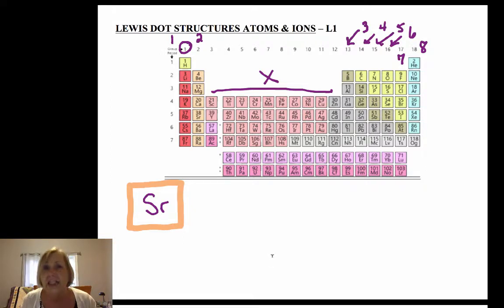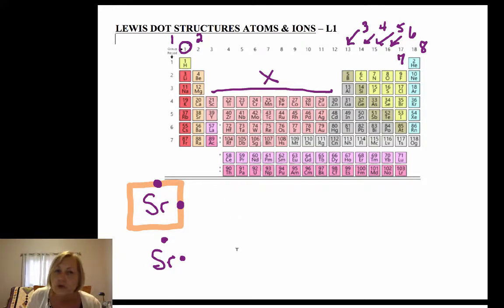It has 38 electrons, but only 2 of them are going to be involved in bonding. I personally don't care whether you start left, top, right, bottom. Some teachers and professors do, so you need to listen carefully in class. For strontium, I'm going to follow Hund's rule, and put them in unpaired before I pair them up. So strontium without the square that I have drawn would look like this.